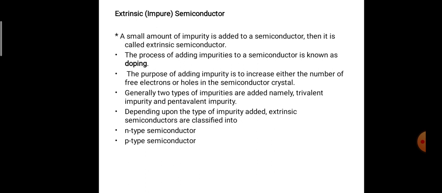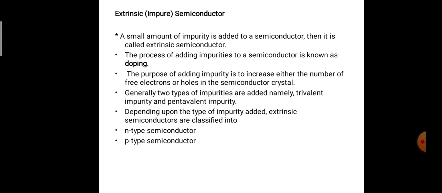Now we are discussing extrinsic semiconductor. When a small amount of impurity is added to a semiconductor, it is called an extrinsic semiconductor. The process of adding impurities to a semiconductor is known as doping. The purpose of adding impurity is to increase either the number of free electrons or holes in the semiconductor crystal.